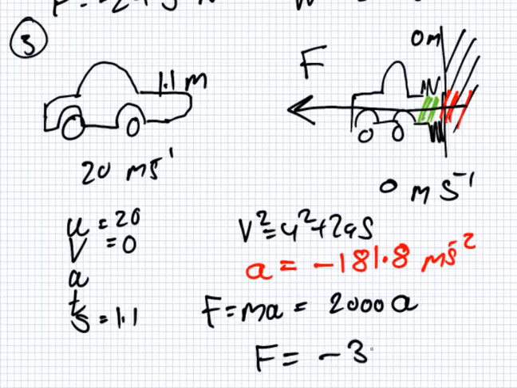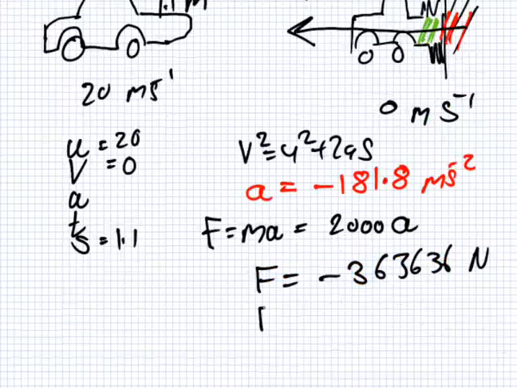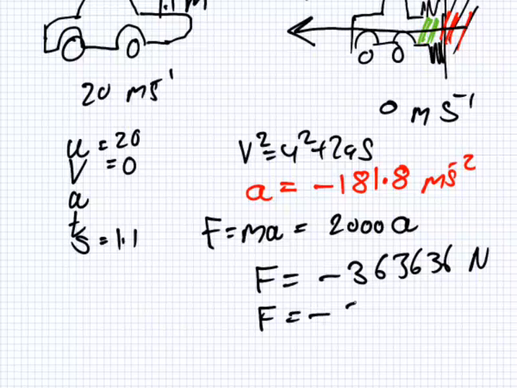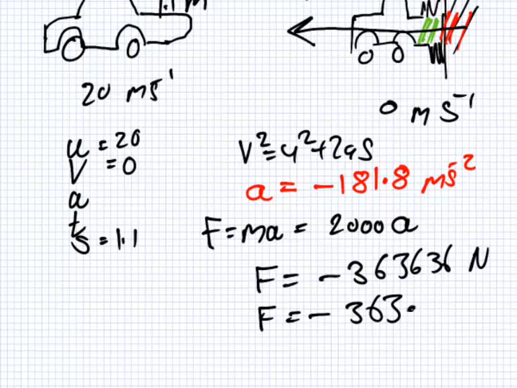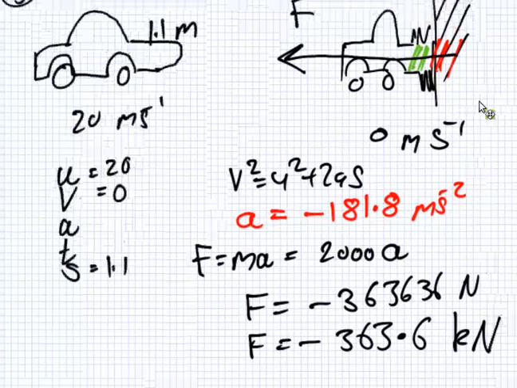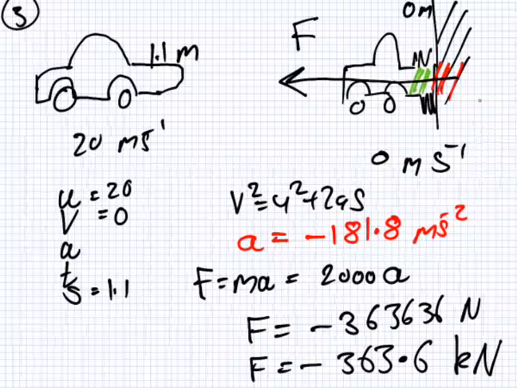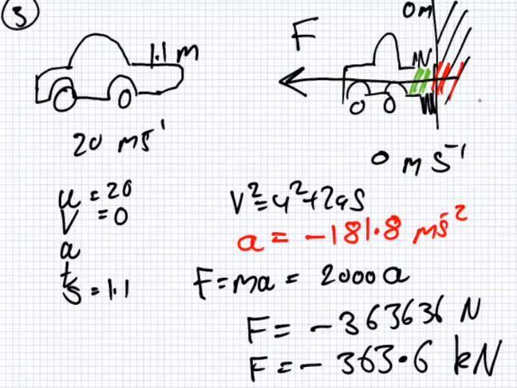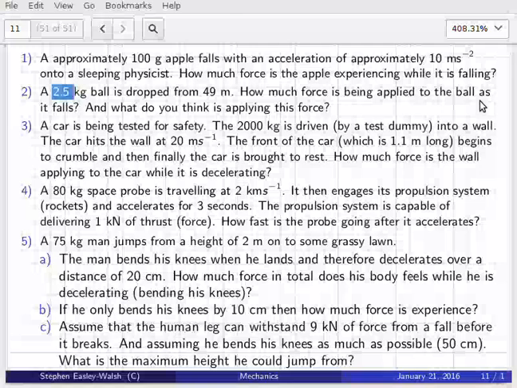So it goes 20, 19, 18, 17, 16, all the way down to 0, and then it stops. And then the front of the car gets compressed. So while the car is compressing, the wall is given a force that way to stop the car. So the U is 20 and the V is 0. Does that make sense? And the S is 1.1.